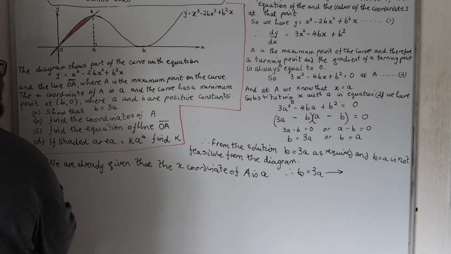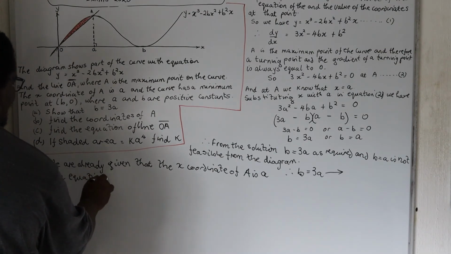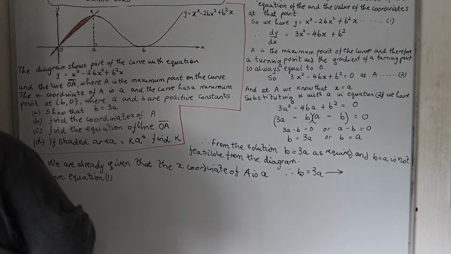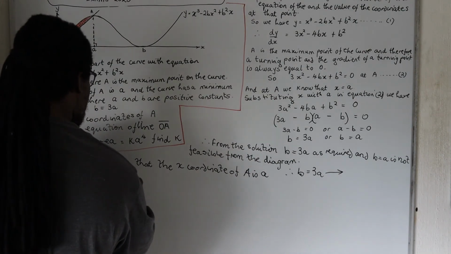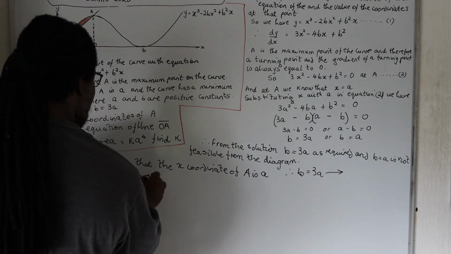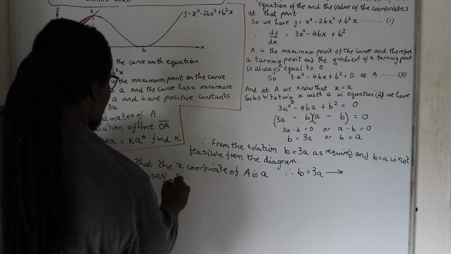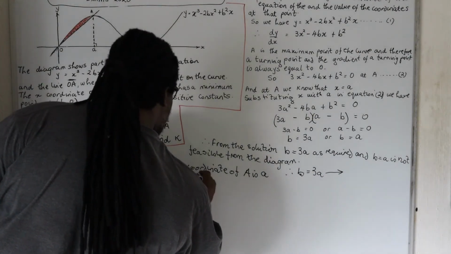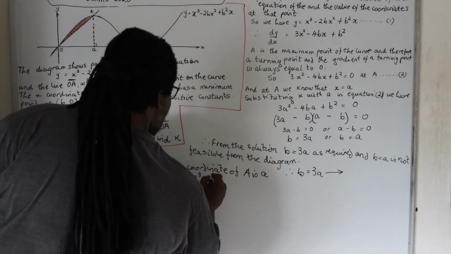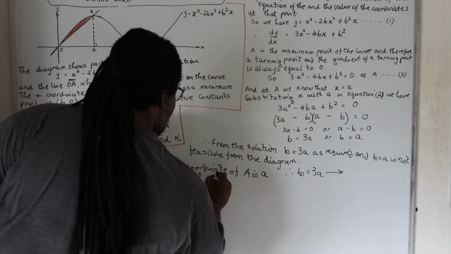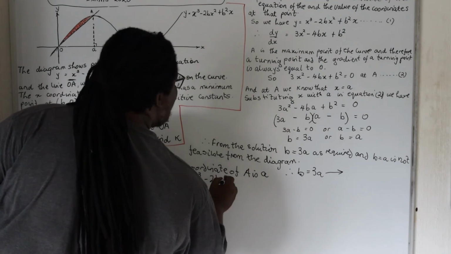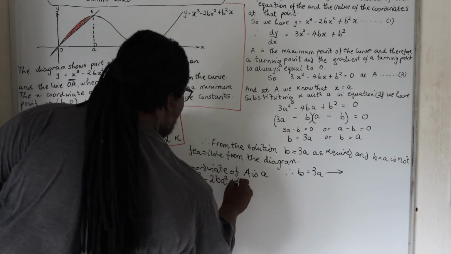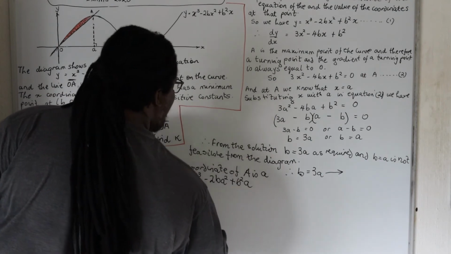Therefore, from equation 1, we can say y is equal to a cubed minus 2b a squared plus b squared a.